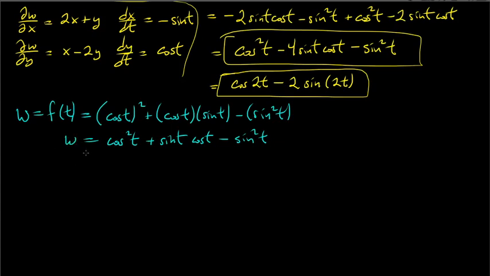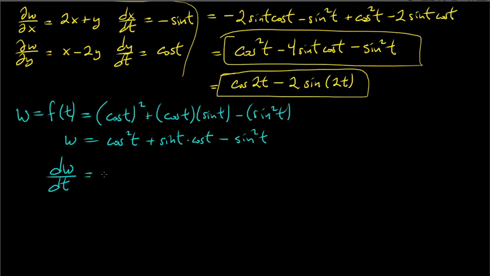So at this point, you don't need me. This is Calc 1 at this point, right? Just take the ordinary derivative of w with respect to t. Yeah, so it's a Calc 1 problem. And not a hard one either. Just make sure you know either the product rule or the chain rule, or in this case, both.